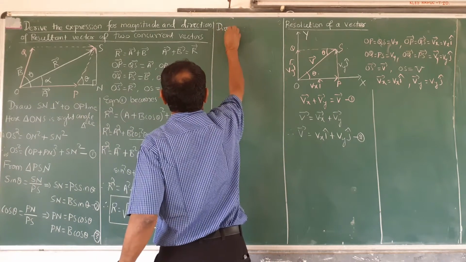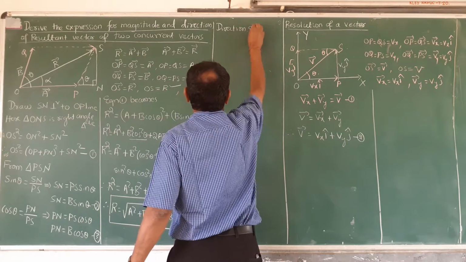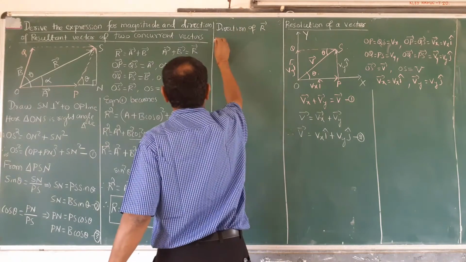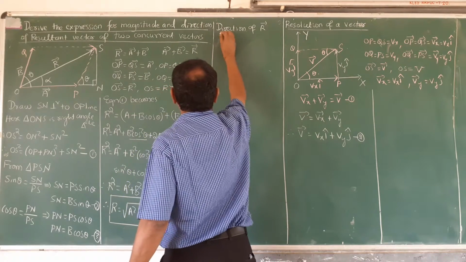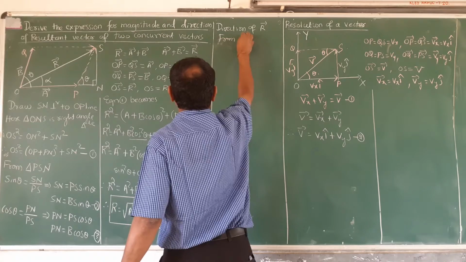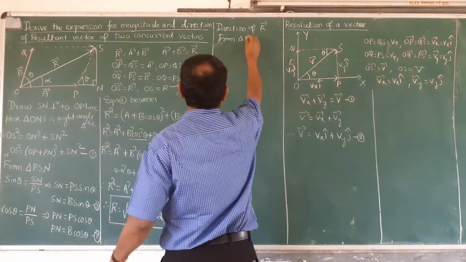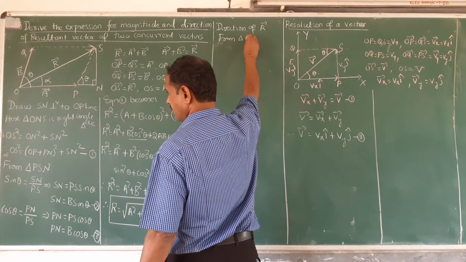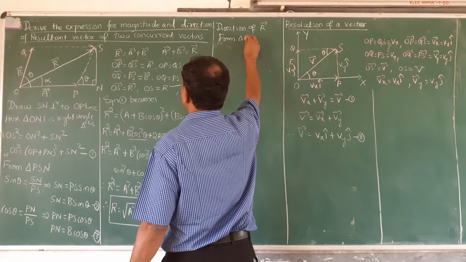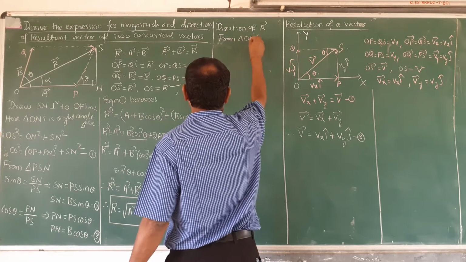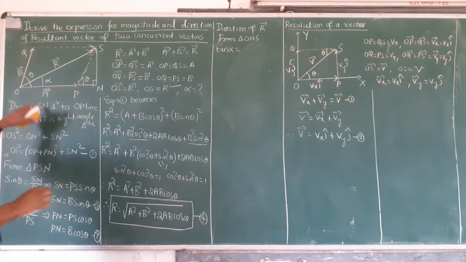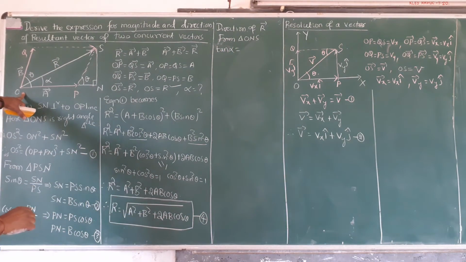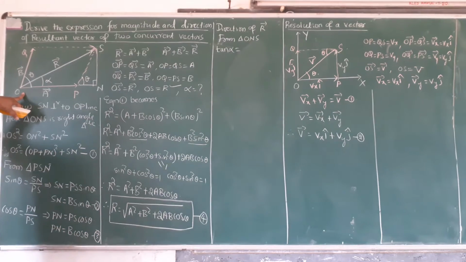Direction of that resultant vector R. That is tan alpha is equal to, this is from triangle OSN. In triangle ONS, tan alpha is equal to opposite side divided by adjacent side.